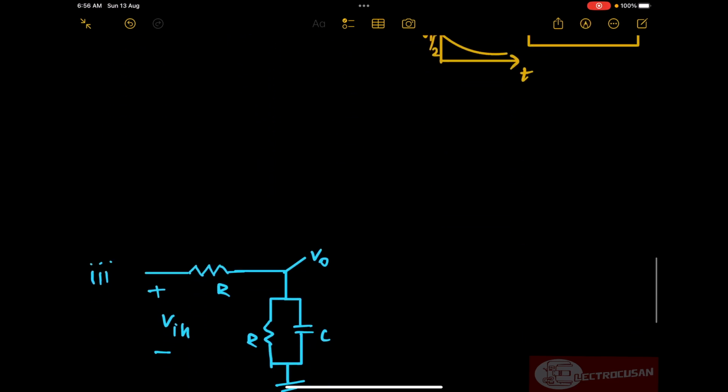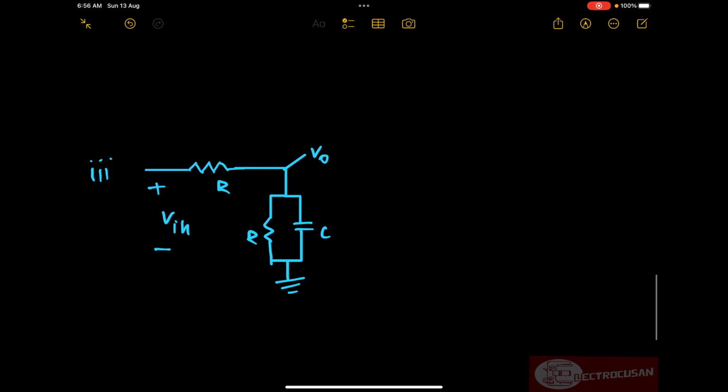And moving on to the third question, we will follow the same procedure. At t equal to 0, we draw the equivalent circuit, which is C and R here, V out, V in. At t equal to 0, the initial charge across the capacitance is 0, so the voltage across the capacitance is also 0.